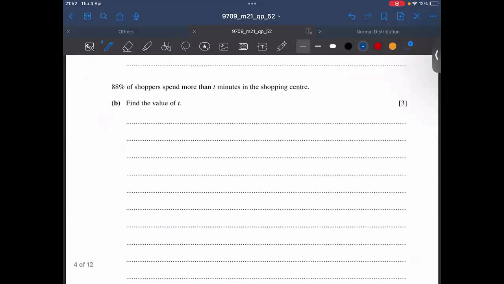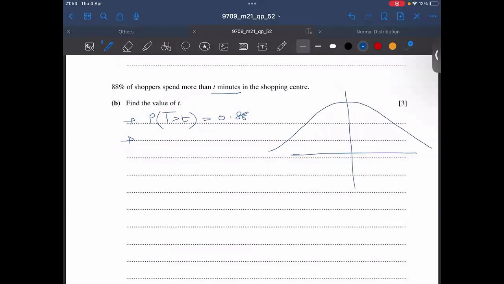Okay. Now 88% of the shoppers spend more than t minutes. So the probability that the time is greater than t minutes is equal to 0.88, and we are supposed to find the value of t. Mr. Yusuf Hussain, the mean is 96.